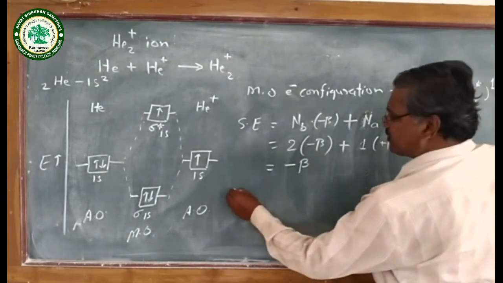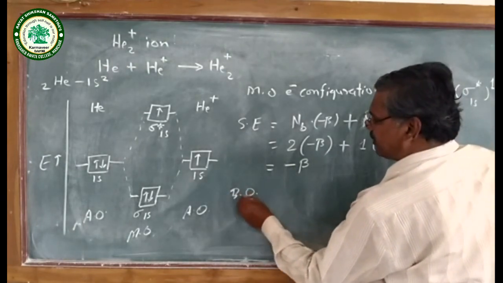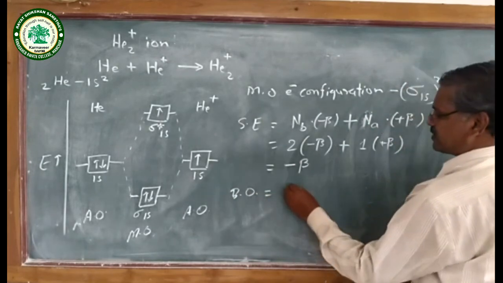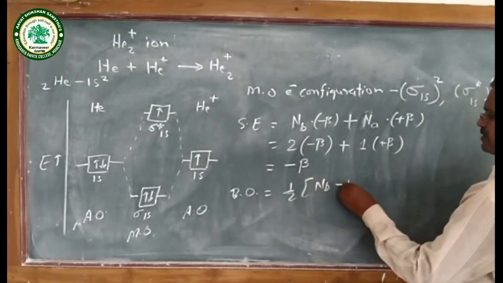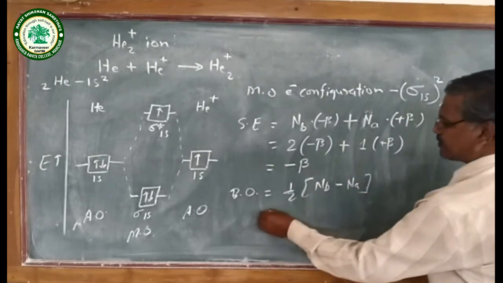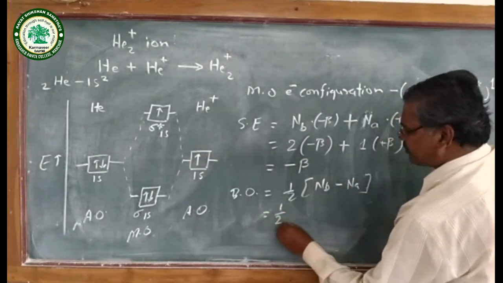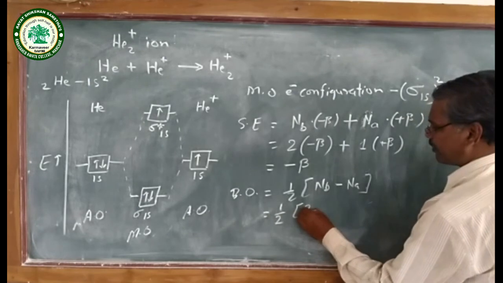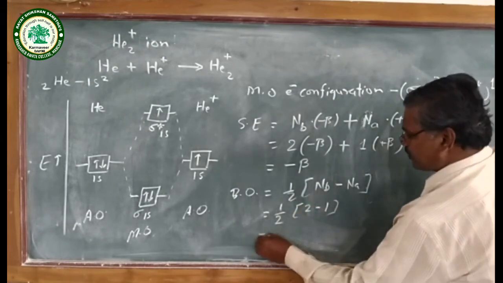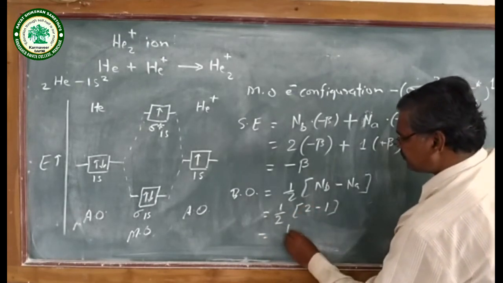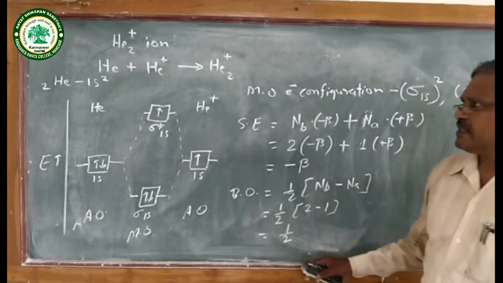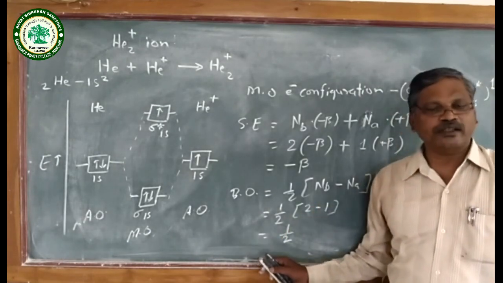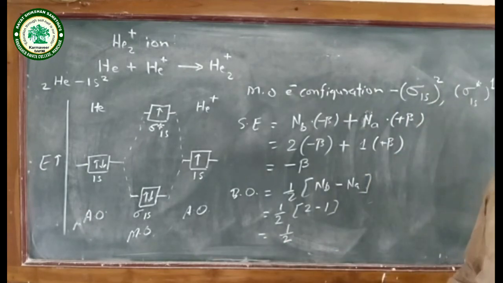The bond order is half NB minus NA, and if you work it out, it comes to 1/2. This also suggests that the He2 plus ion has some stability.